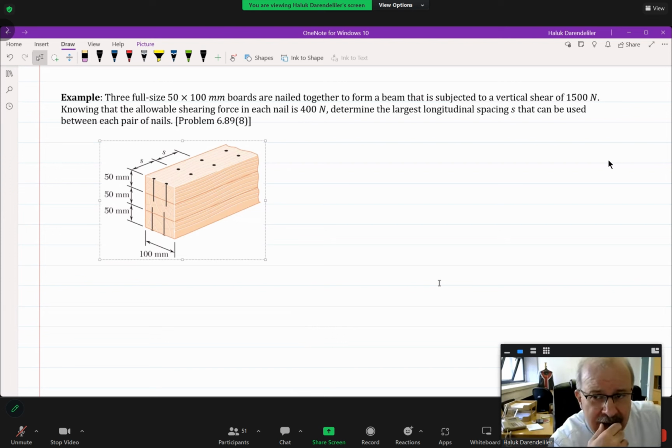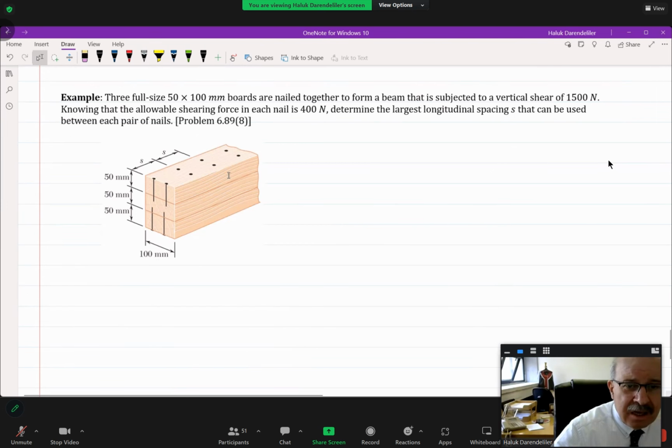And there is a vertical shear. I don't like this notation that the book is using. I always use a coordinate system and the direction for the shear. It is meaningless to write like that. But anyway, we don't know whether it's upwards or downwards, although it doesn't change the problem solution.